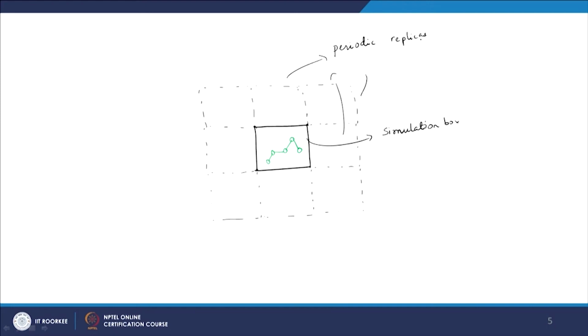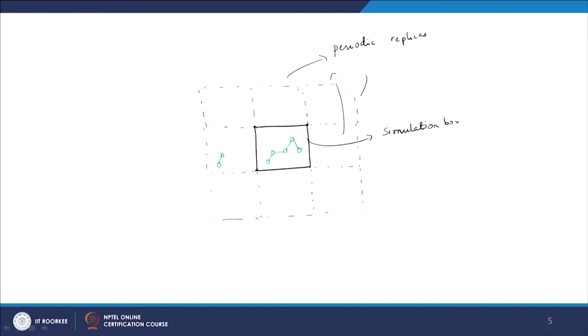I only simulate what is happening in the simulation box, but then I assume that the same polymer chain at the same positions or relative positions are contained in all of those boxes. So, now the advantage of doing this is the following.